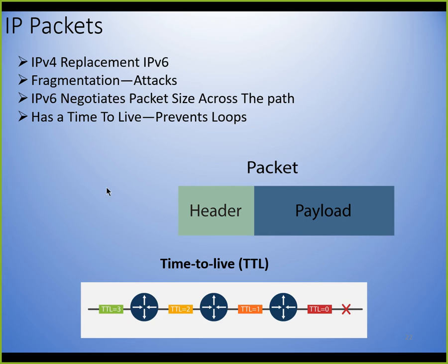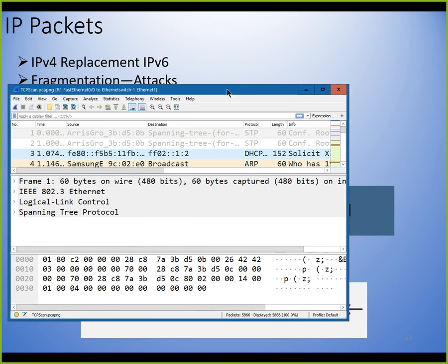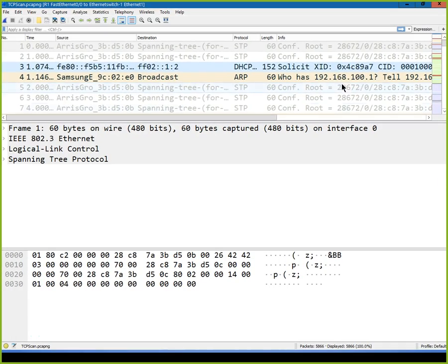IPv4, the IP packets, header and the payload, the TTL. If we go back to the Wireshark, let me get it started again, maybe. Go back and look at it. Fragmentation attacks. We'll look at some of the switches while we're in here, or some of the markers.